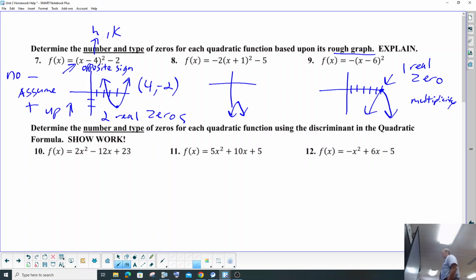Determine the number and type of zeros for each quadratic function using the discriminant and the quadratic formula. Let's take a look there. So, the discriminant. Remember the formula? x equals negative b plus or minus the square root of b squared minus 4ac all over 2a.